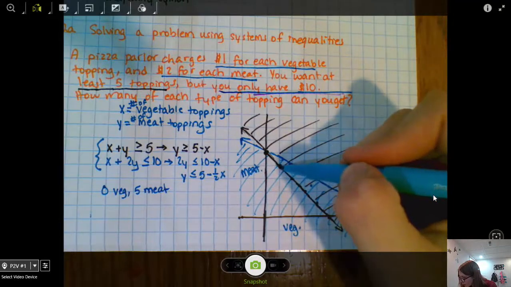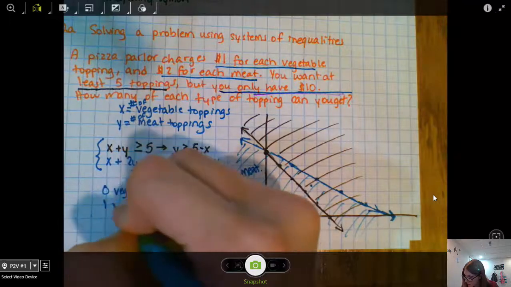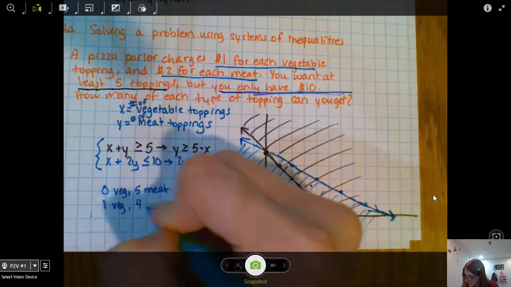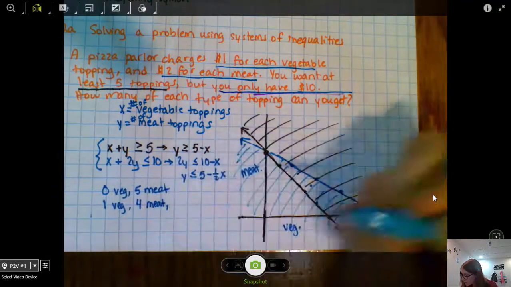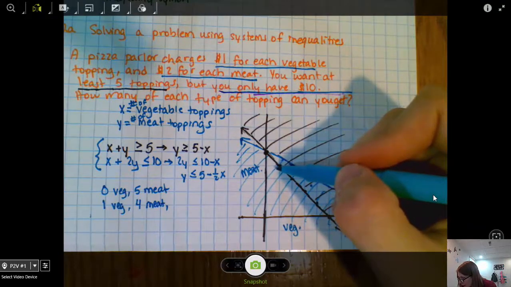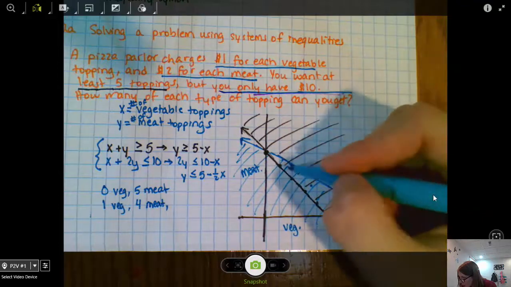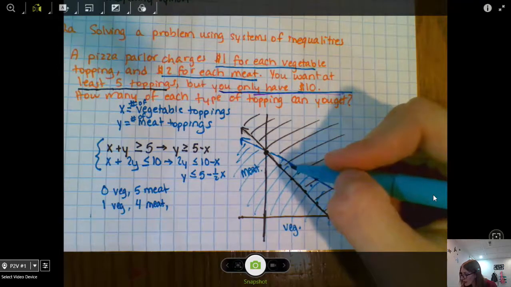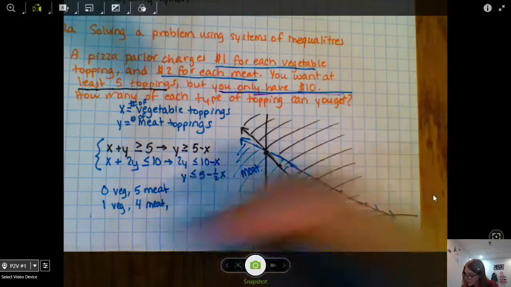I could have right here 1 vegetable and 4 meat. Basically, I'm just looking at where we have ordered pairs on my grid lines here. So right here, I could have 2 veg and 4 meat.